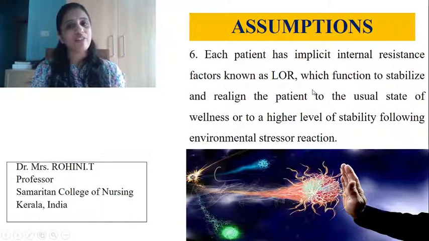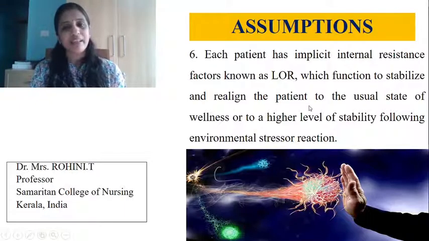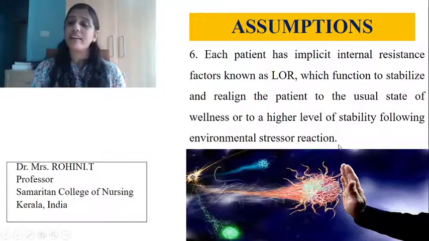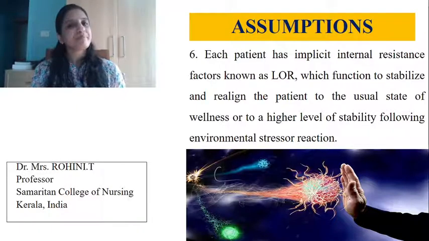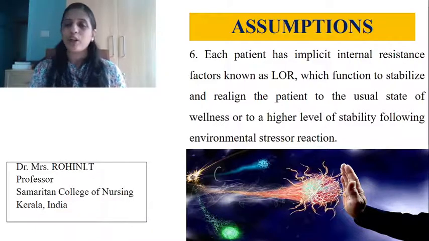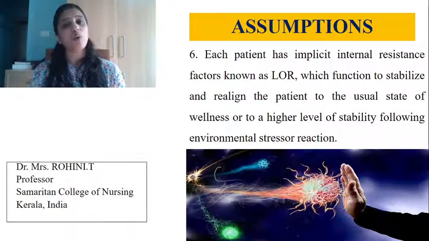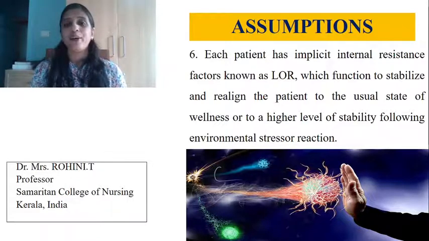What is the function of line of resistance? To stabilize, to realign the patient to the usual state of wellness or even to a higher level of stability following environmental stressor reaction. So assumption number 6 talks about line of resistance. She's telling that each one of us has our own level of internal resistance known as line of resistance.